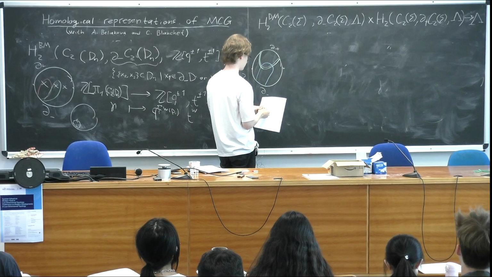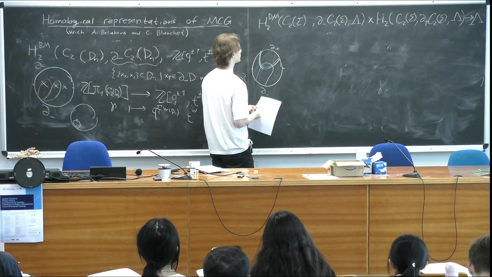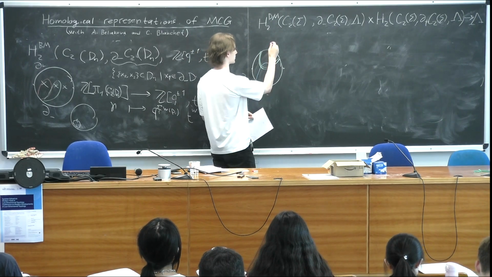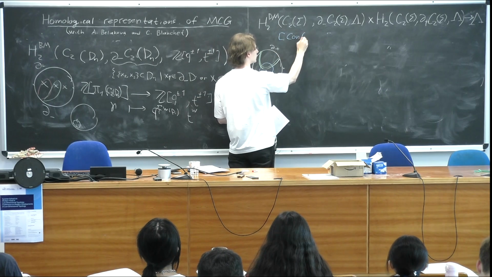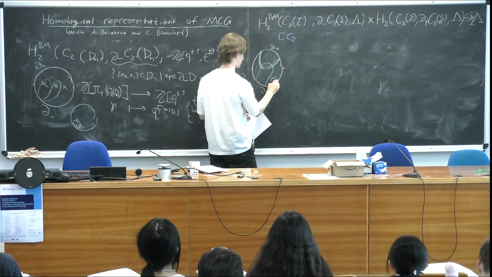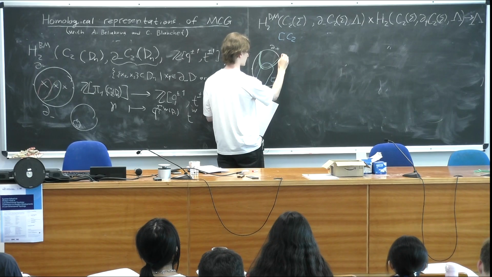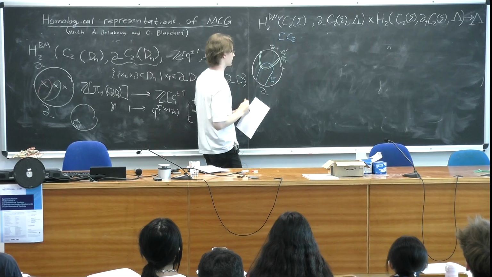And then I can associate two homology classes to these curves. So for the blue one, this is zeta minus, this is zeta plus, and the copy that I draw is zeta plus prime.